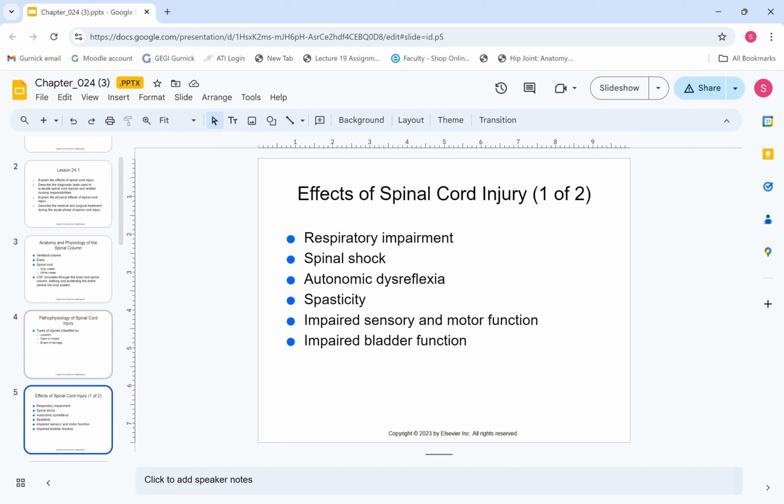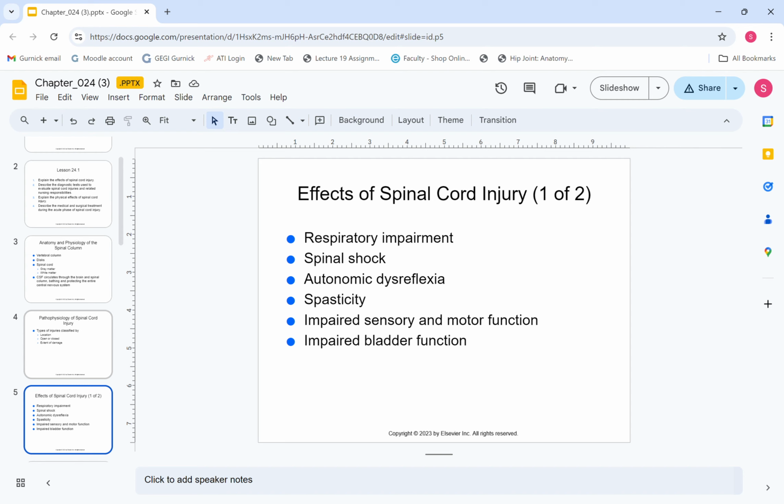We're going to skip over spinal shock, and we'll come back to it, because we're going to talk next about autonomic dysreflexia. Now, autonomic dysreflexia is something we have to worry about at T6. If you have an injury at T6 or below T6, you're going to be at risk for autonomic dysreflexia.